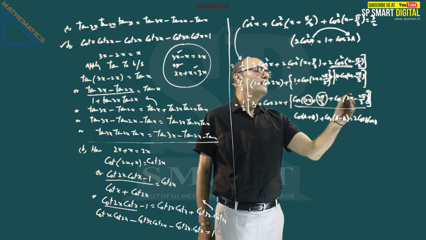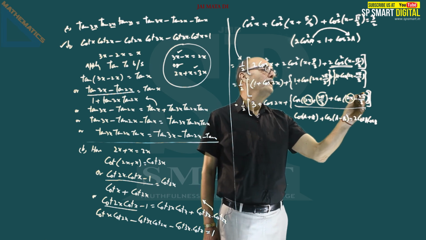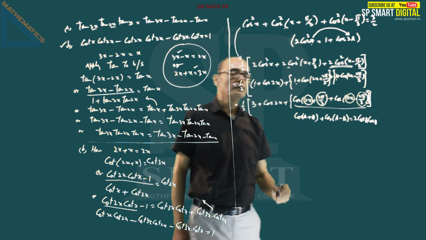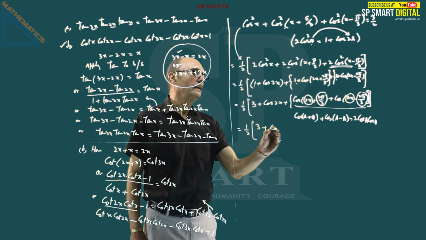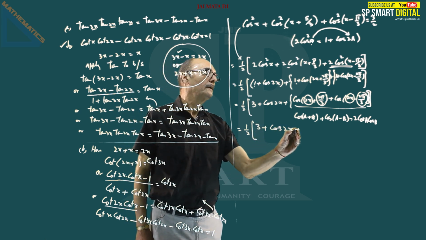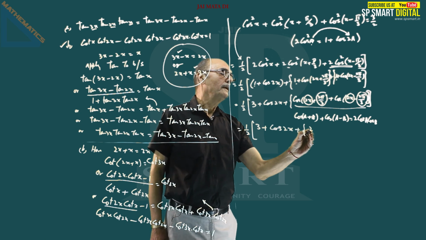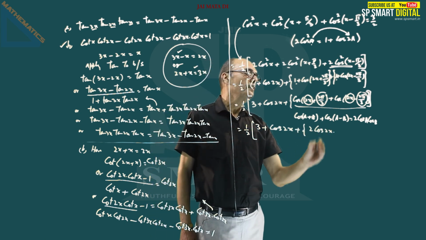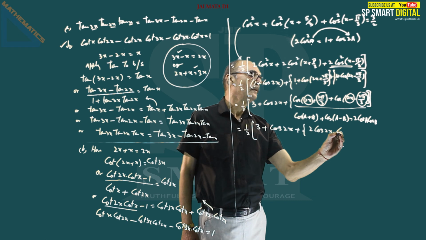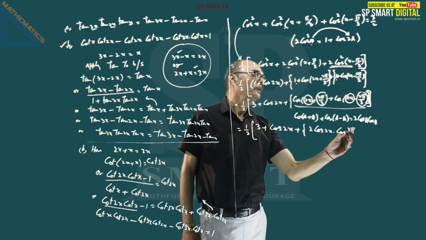Likewise, this is a minus b. So, this is equal to 1 by 2 into 3 plus cos 2x plus there will be twice cos of 2x into cos of 2 pi by 3.